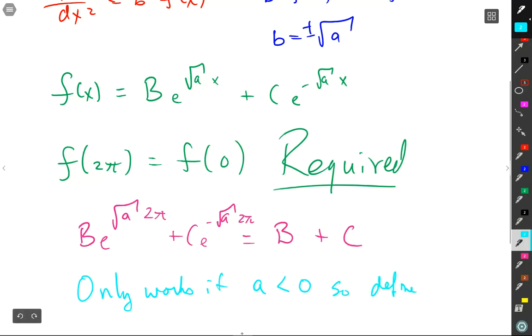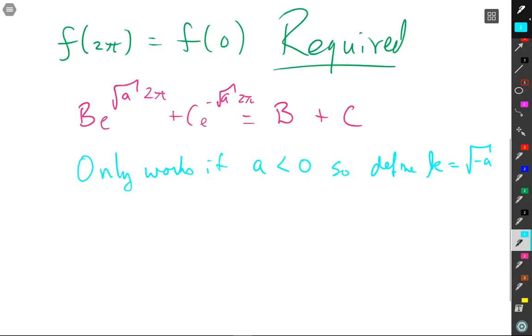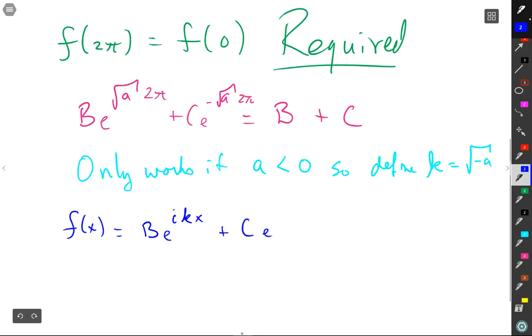So define k is equal to square root of minus a. So minus a is going to be a positive, and that's real. And my solution now becomes a sinusoid.